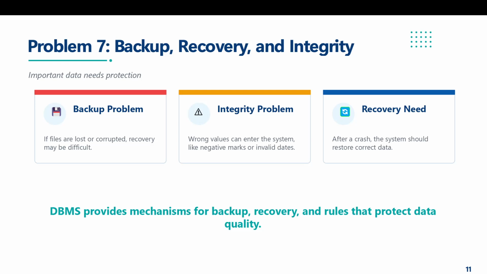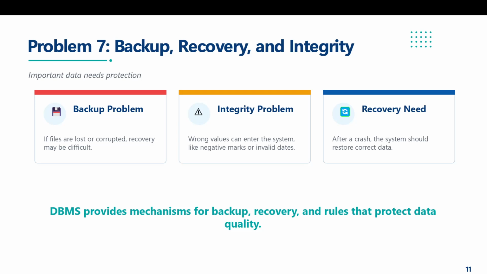The second one is recovery. Suppose the system crashes while updating marks or fee payment details. After restarting, the system should restore correct data. A DBMS provides better recovery mechanisms. So backup, recovery, and integrity also should be considered, right?